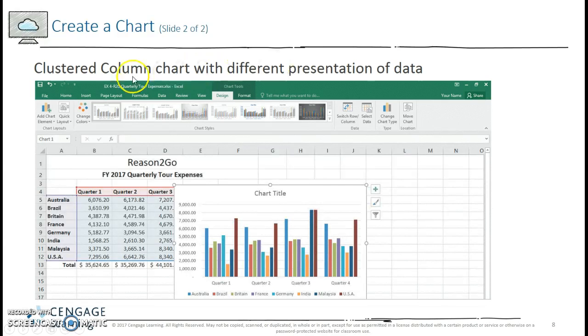So here's a good example of where a range of values is chosen. What happened is we took this and we highlighted the area that we wanted to put into this chart and created the chart.